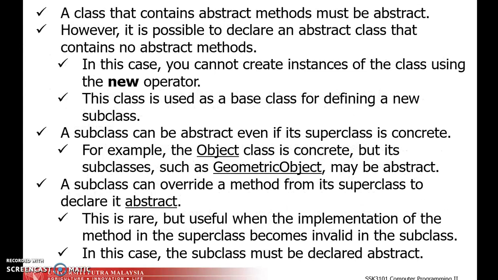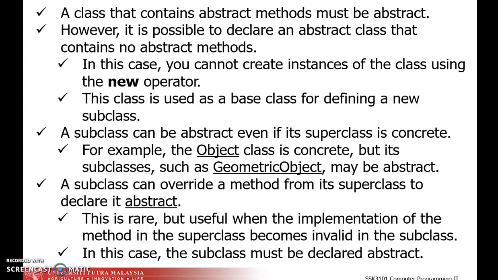More summary and remarks. For your information, these are all the best guidelines for you before you deal with abstract class implementation. It is a very huge benefit. A class that contains abstract methods must be declared as an abstract class. However, it is possible to declare an abstract class without having any abstract method. Got it?